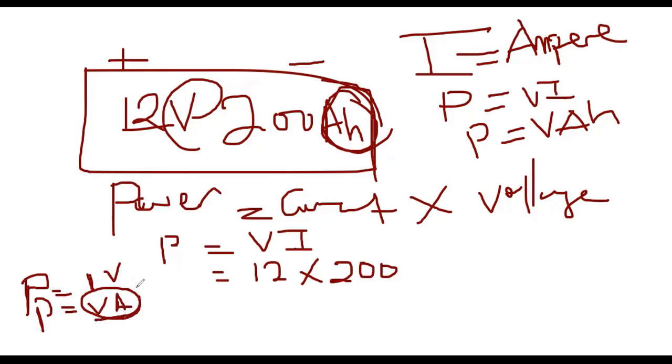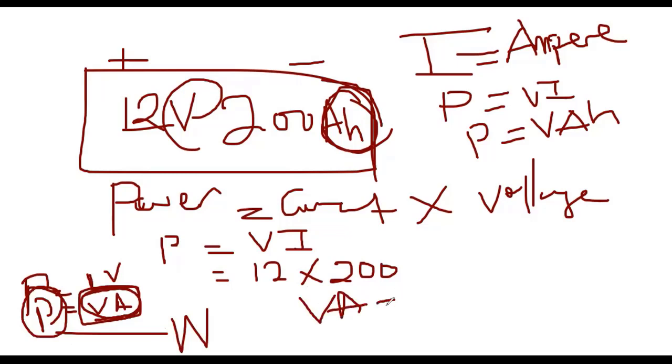Can you see that this VA is for apparent power? But the SI unit for power is taken to be watts. So sometimes VA also equals watts. How can VA equal watts? Let me show you. Remember, we say power factor equals watts over VA.